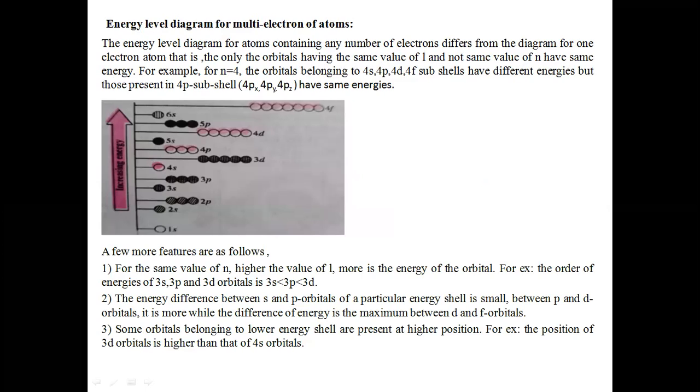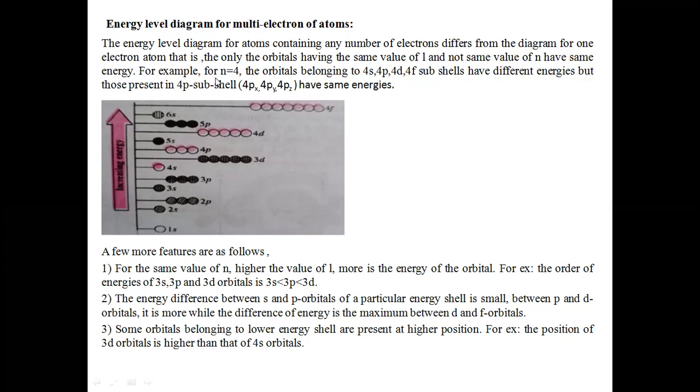Both the single electron system and the multi electron system have different energy level diagrams, and only the orbitals which have the same value of l and different value of n have the same energy.